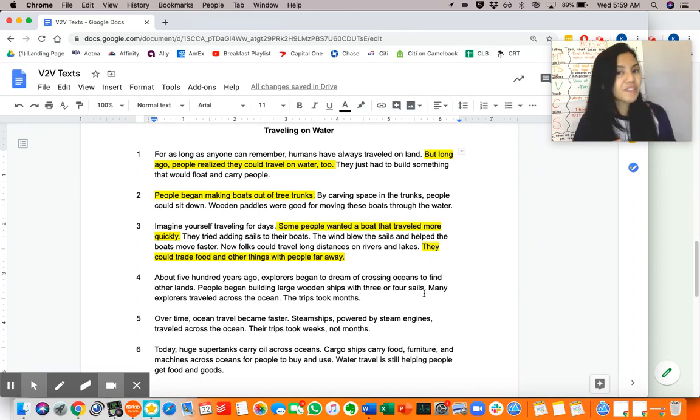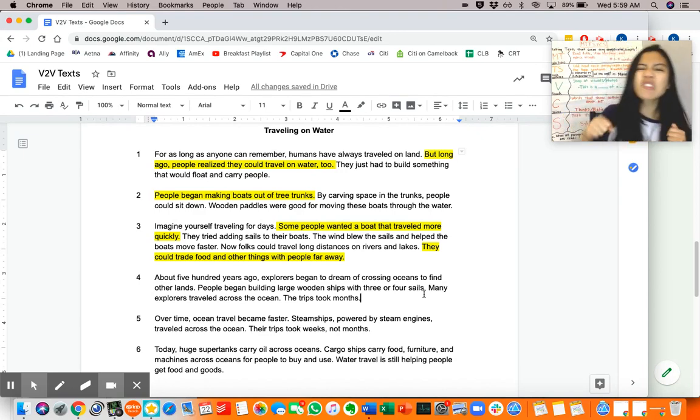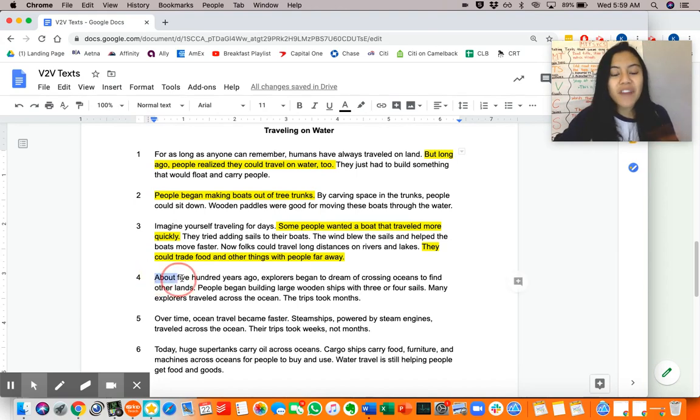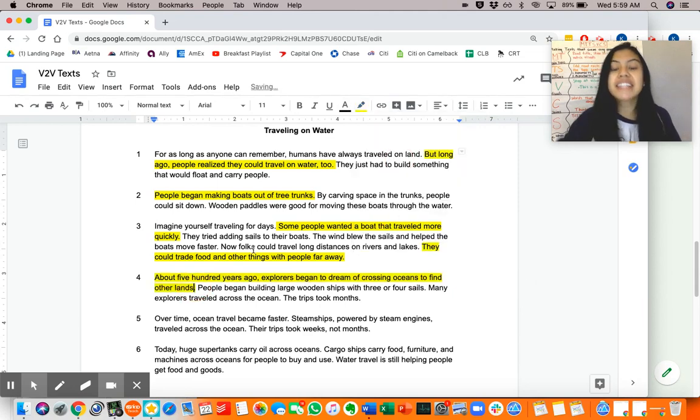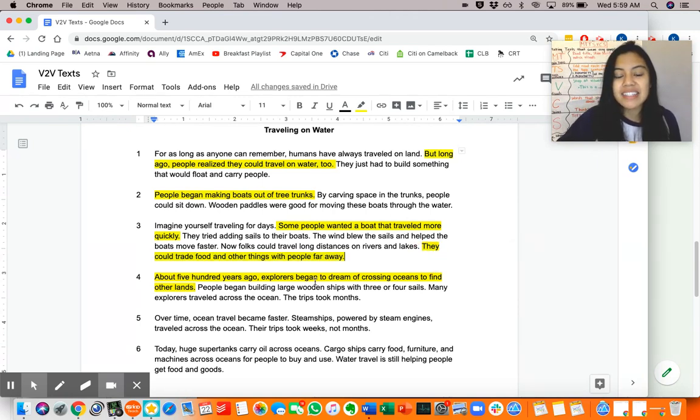Right. If you said that first sentence again, give me a pound it. About 500 years ago, explorers began to dream of crossing oceans to find other lands. This is telling me more about why people wanted to travel on water, just like this last topic sentence.